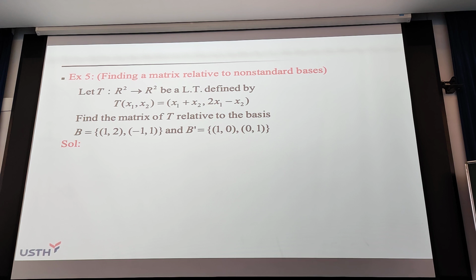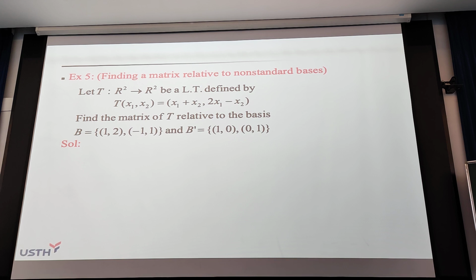So we consider now T a linear transformation given by a formula like that. Obviously, for T, it is very easy to find the standard matrix because the formula will give us the standard matrix.